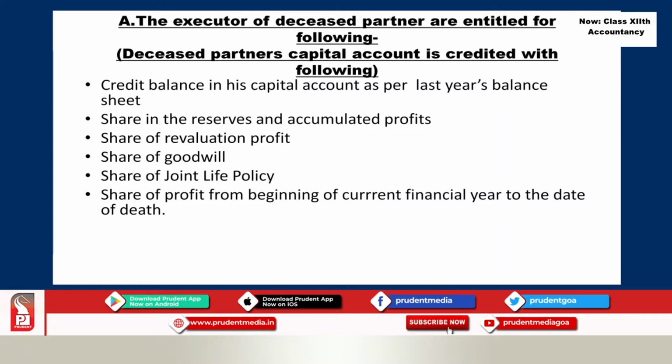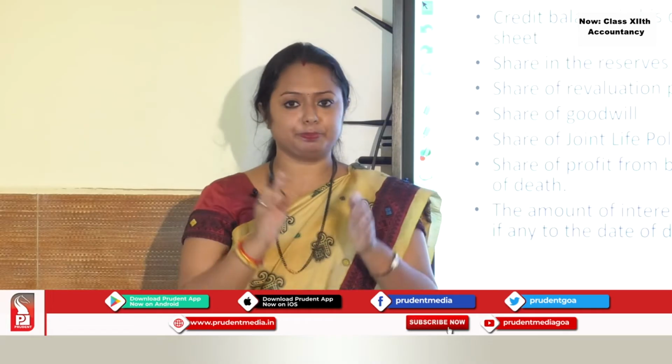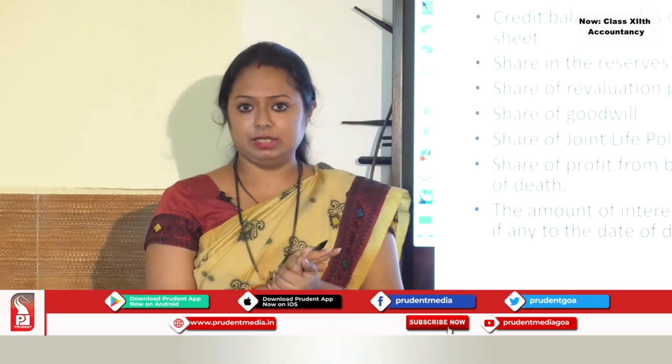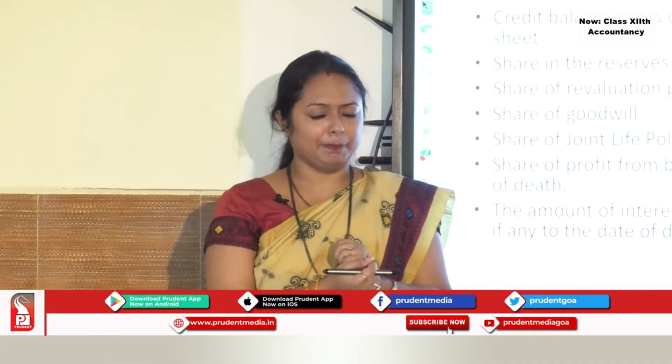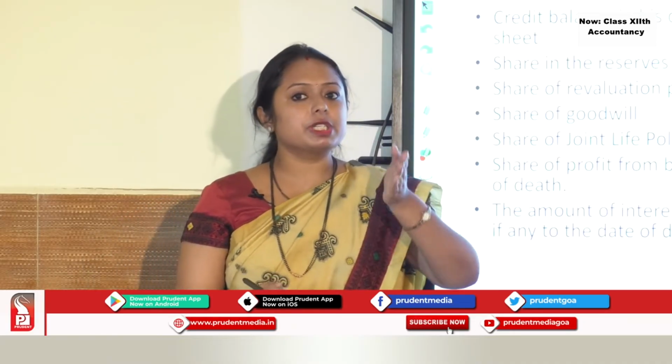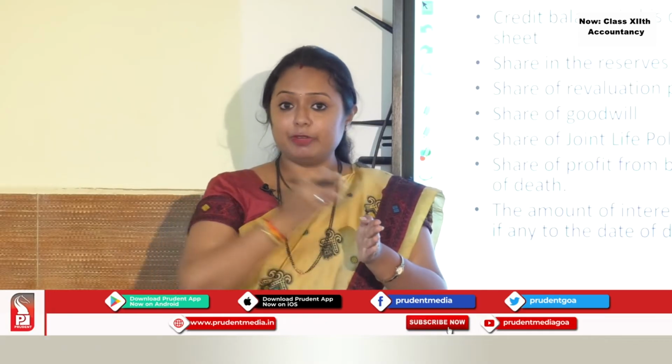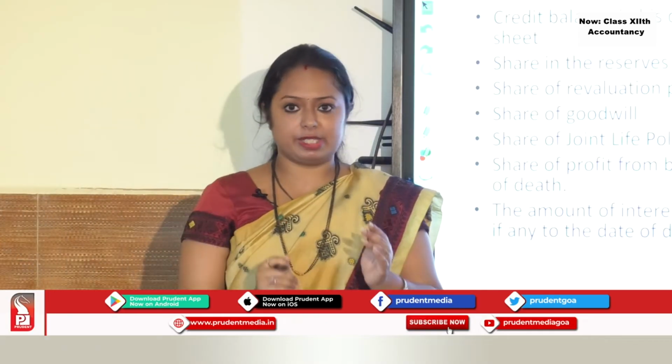Next, this is very important, which we need to focus on when we are solving the problem. Share of profit from the beginning of the current financial year to the date of death. What is the meaning of this point? I have already told you, death is uncertain. We never know, a person can die. Let us say your financial year begins on 1st January, and it will end obviously on 31st December.